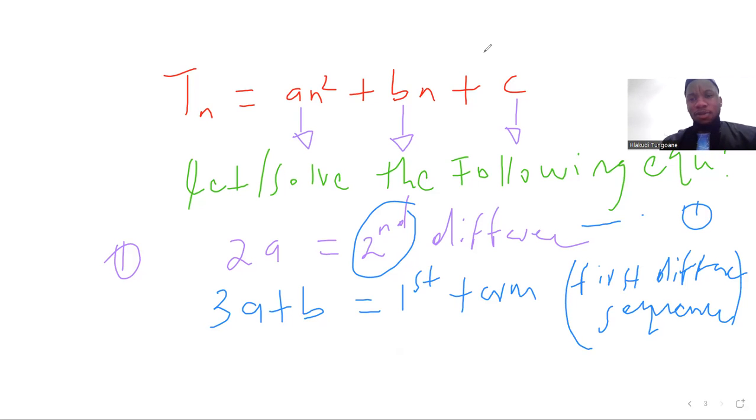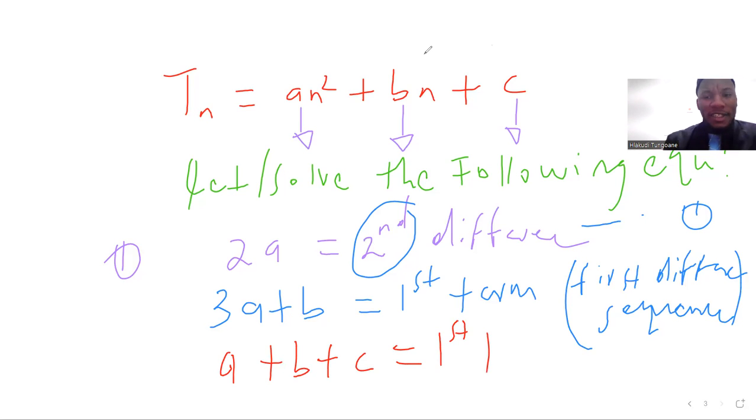We're going to show an example of what I mean. But I mean the first term in your first difference sequence, not in the original sequence. And then the last equation that you need to solve is a plus b plus c must equal the first term in your sequence.